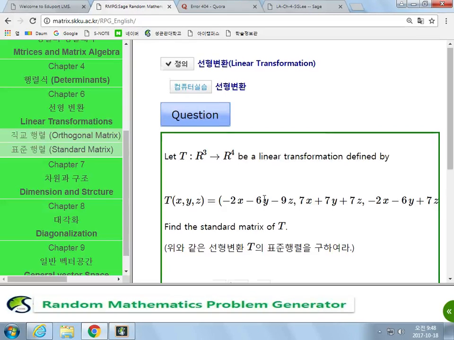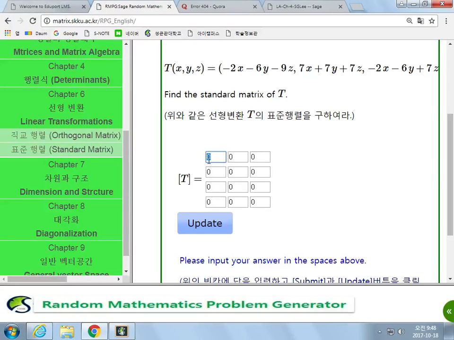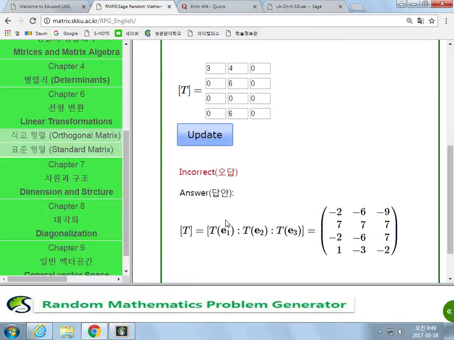So when we enter our answer here, it compares what we put in with what it computed and checks whether they are the same or not, to give us the solutions like this.